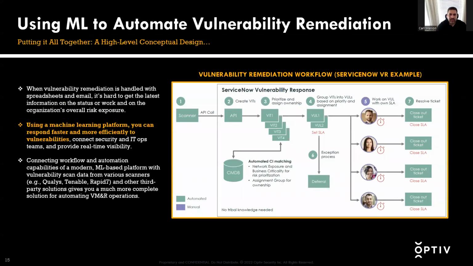All right, so if we look at real world solutions and how they're put together, using machine learning to automate vulnerability management and remediation, this picture right here is something that's actually from ServiceNow, and it puts it all together.